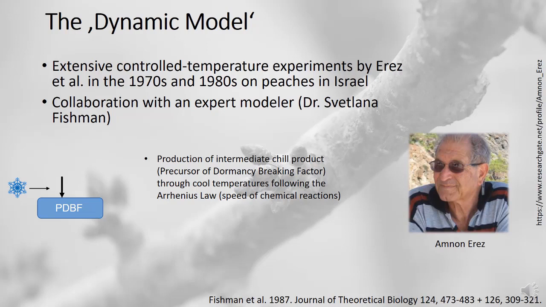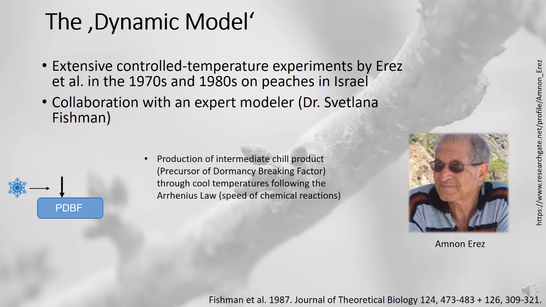So what this team postulated is that dormancy breaking first requires the production of an intermediate chill product, a precursor of dormancy breaking factor, as it's labeled, PDBF in this figure, which is formed through the action of cool temperatures.